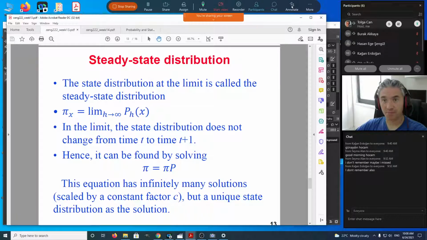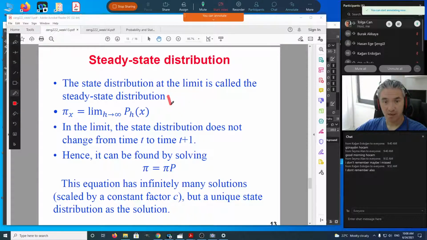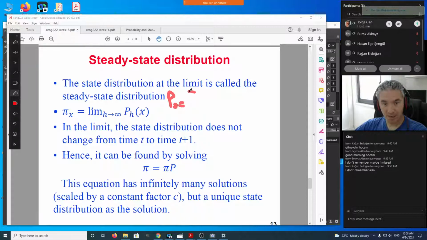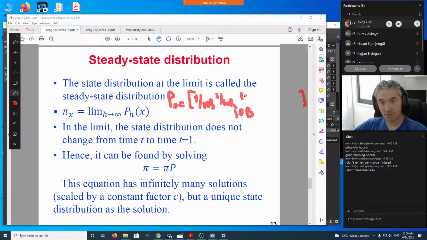Your P0 may be a row vector like this. If there are 10 billion web pages in the world, each entry may be 1 over 10 billion. Now imagine we have such an initial distribution, which means that this random surfer is equally likely to start at any web page in the world, because we don't know web pages' importance values yet.